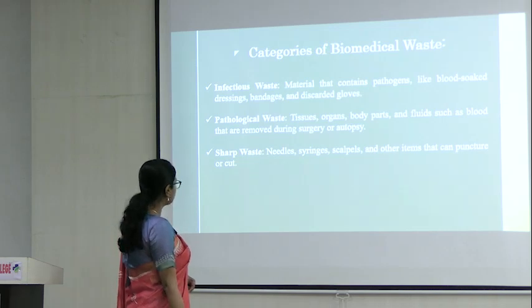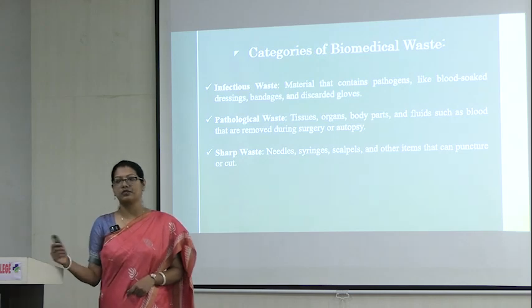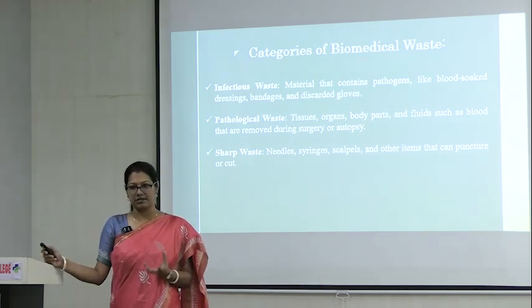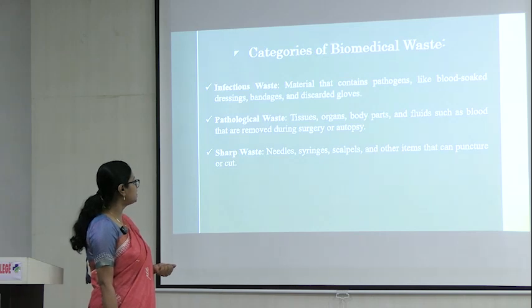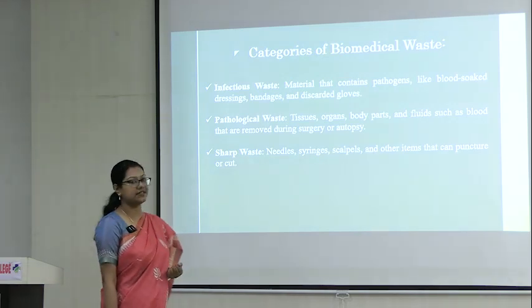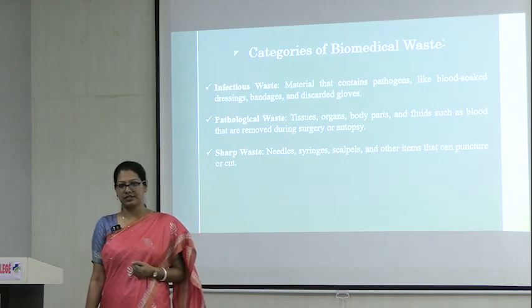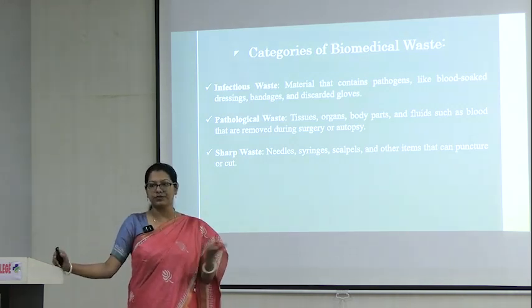Then pathological waste, which can be tissues, organs. Sometimes we are performing cholecystectomy, so the gallbladder is removed, that organ. Then body parts and fluids such as blood that are removed during surgery, or if the patient has unfortunately died, then during autopsy also we'll remove these organs.